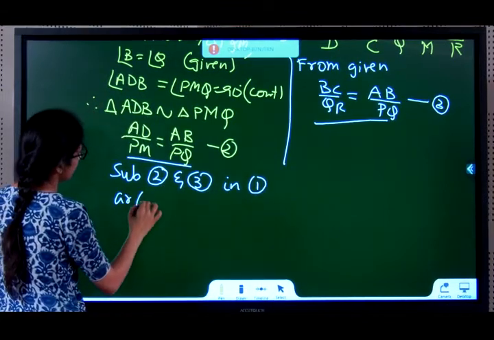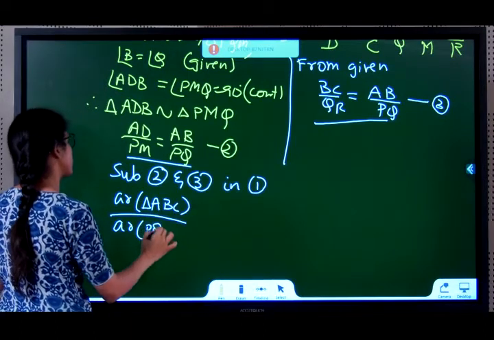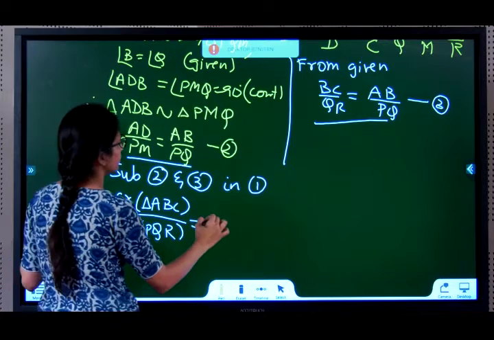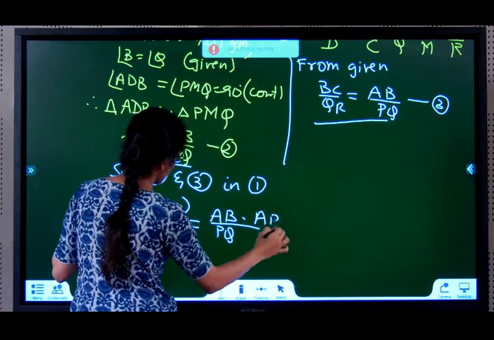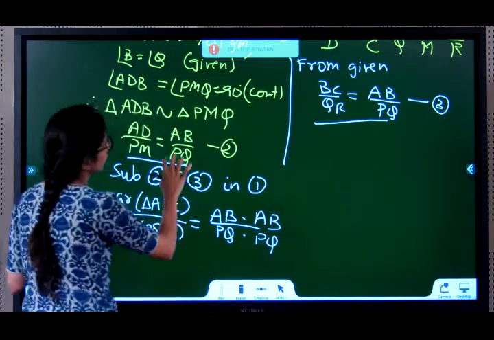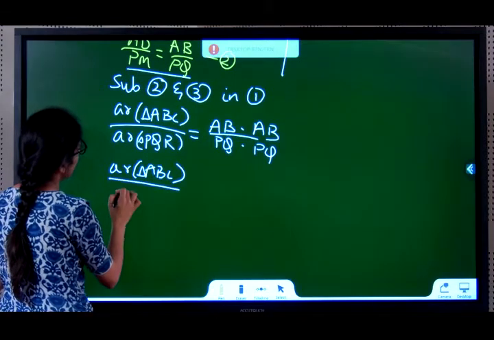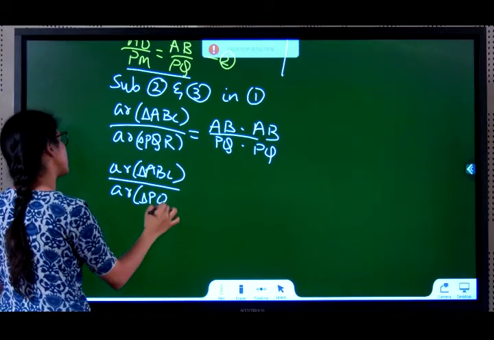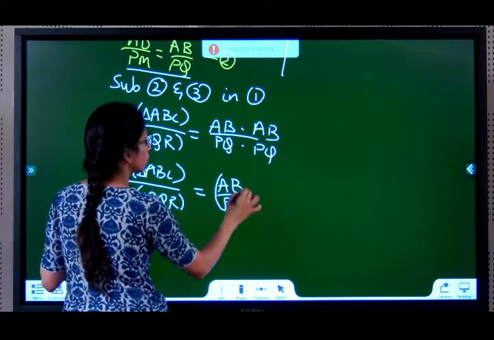So area of triangle ABC by area of triangle PQR is equal to AB by PQ into AB by PQ. Area of triangle ABC by area of triangle PQR is equal to AB by PQ the whole square.